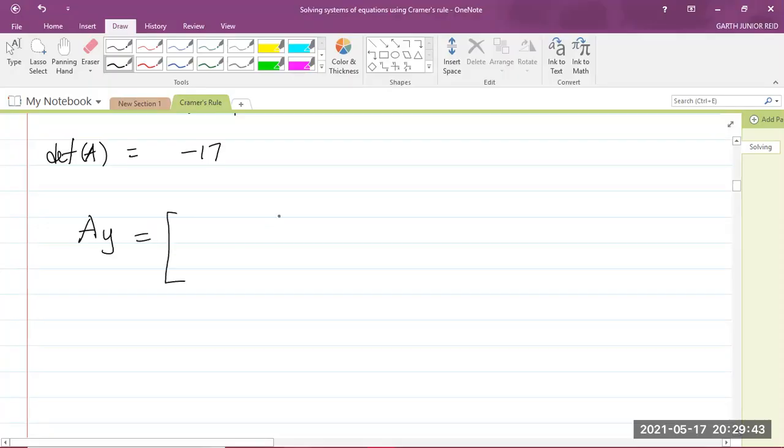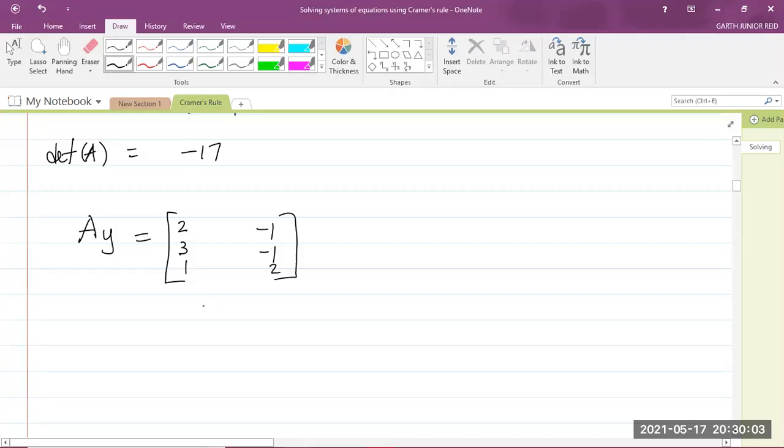Okay. So what will happen is that the column for the x variables will remain the same. That's 2, 3, 1. The column for the z variables will remain the same. That's negative 1, negative 1, and positive 2.